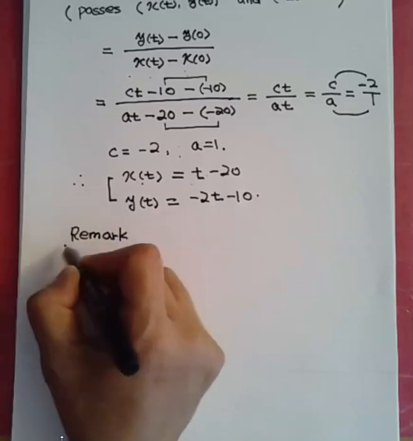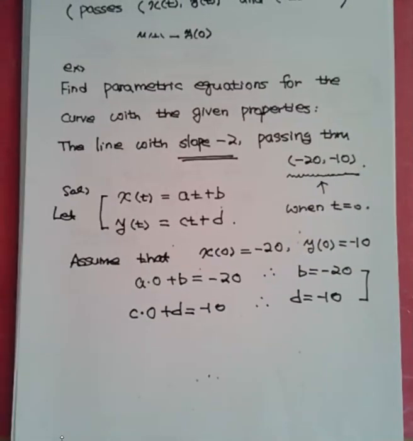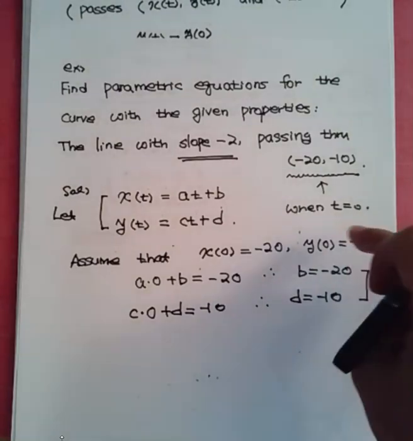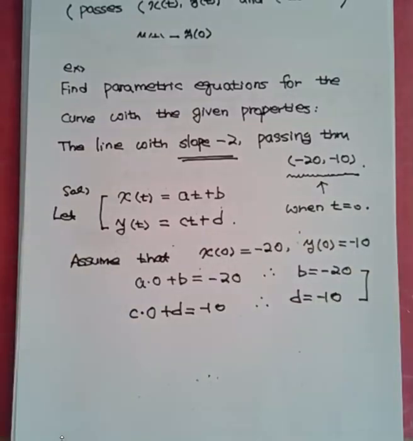For this type of problems, you can get different but correct answers. There are infinitely many answers. In this problem, we put t equals 0, but you can assume that the parametric equations graph pass through minus 20 and minus 10 when t equals minus 1.